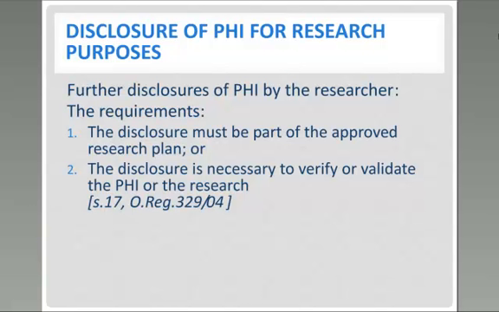And I think you can understand, from a risk management perspective, that the hospital custodian really wants to have a sense of what's going to happen with this patient data and where it's going to end up.